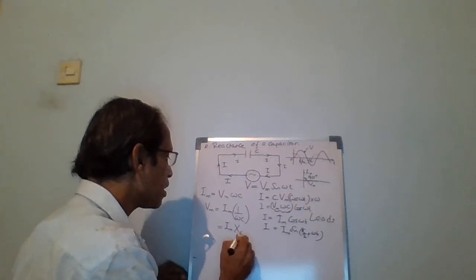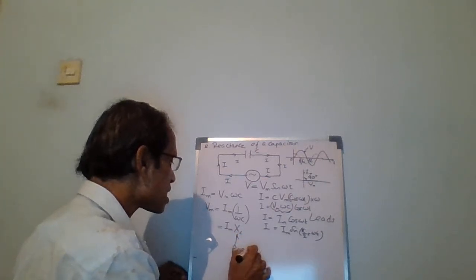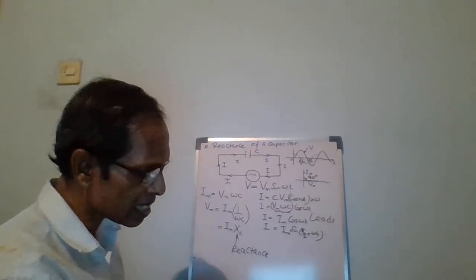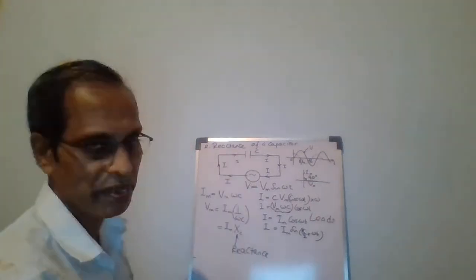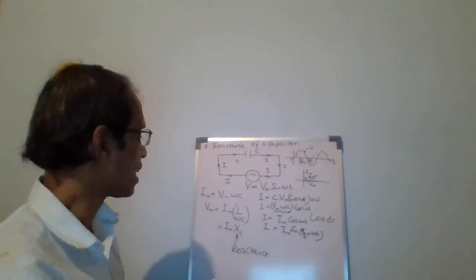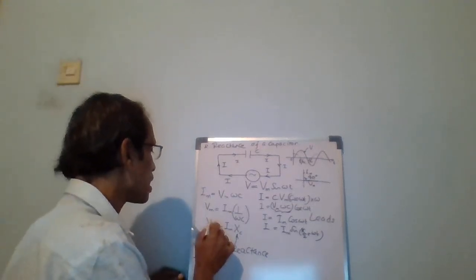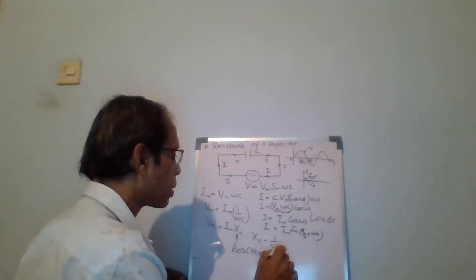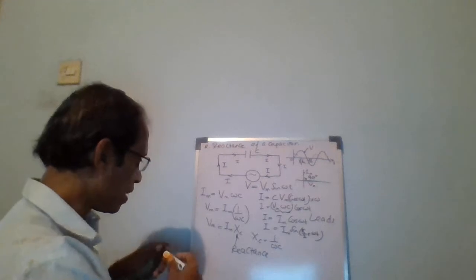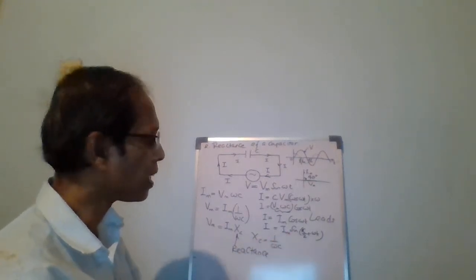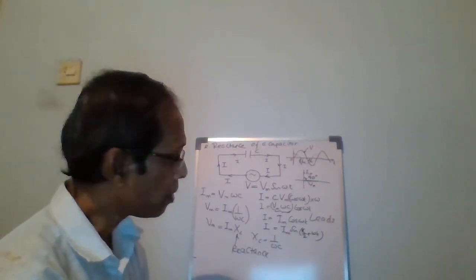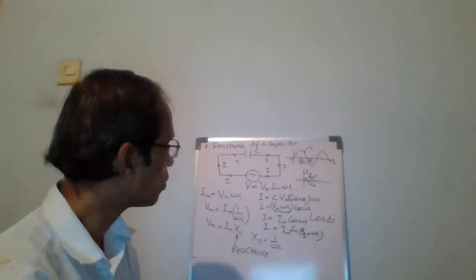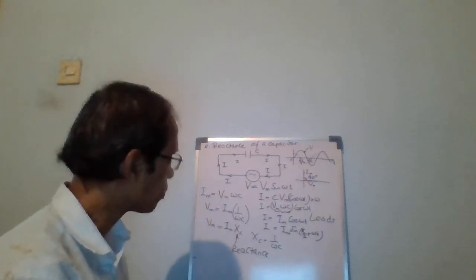This is called reactance. Reactance means the resistance-like thing of a capacitor. Xc is equal to 1 over omega c. If we substitute the values of omega and c, then we can find the reactance. The unit of reactance is ohm.